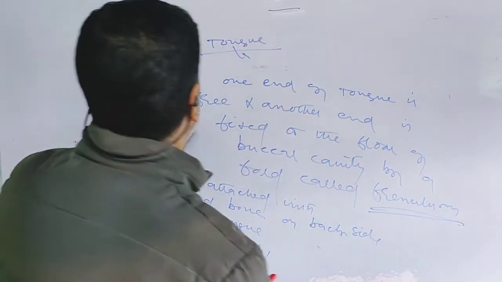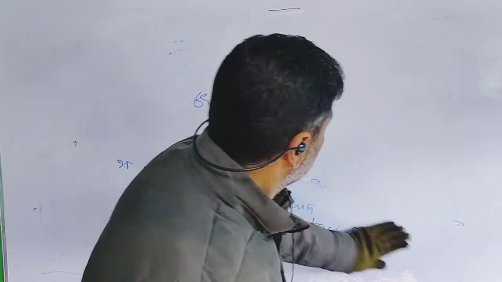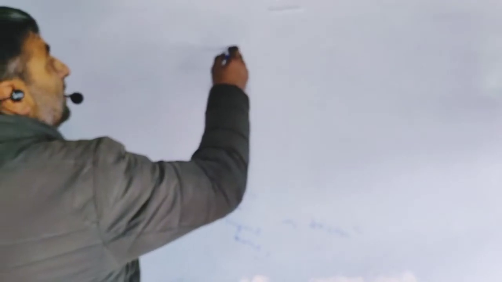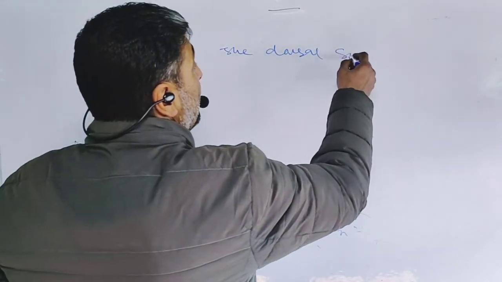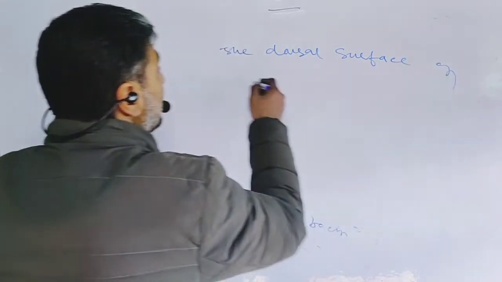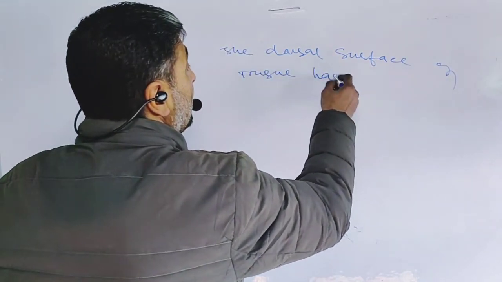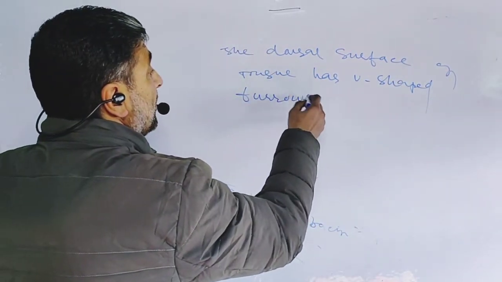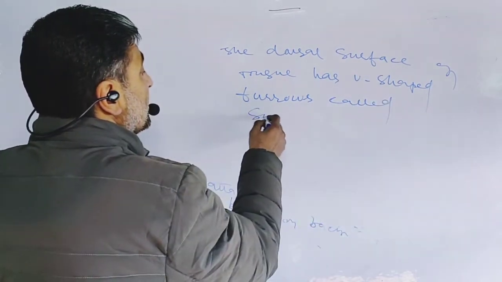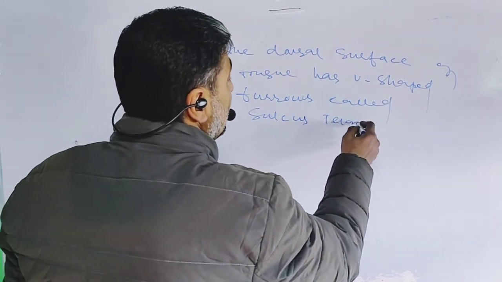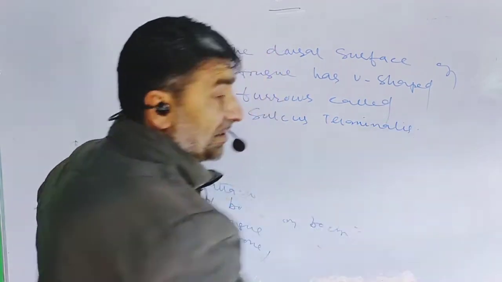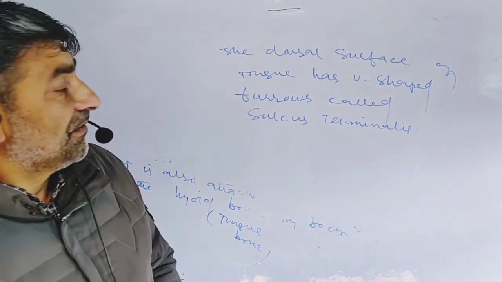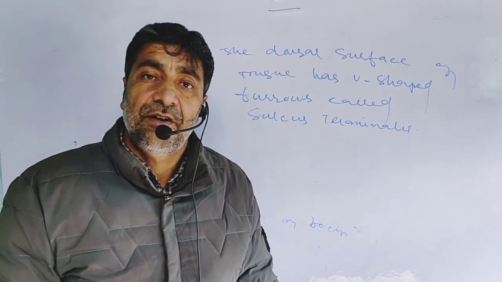Remember, the dorsal surface of the tongue has V-shaped furrows called sulcus terminalis. Sulcus terminalis are the V-shaped furrows present on the dorsal side.